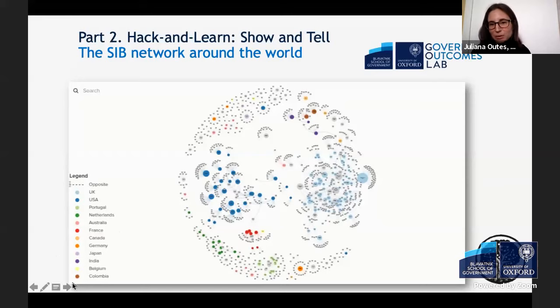Again, if you put the names of the organizations in these graphs, they tend to become a bit messy, but if you look at the UK SIP network, the biggest blue circles are organizations such as Social Finance or the Ministry of Housing, Community and Local Government from the UK.